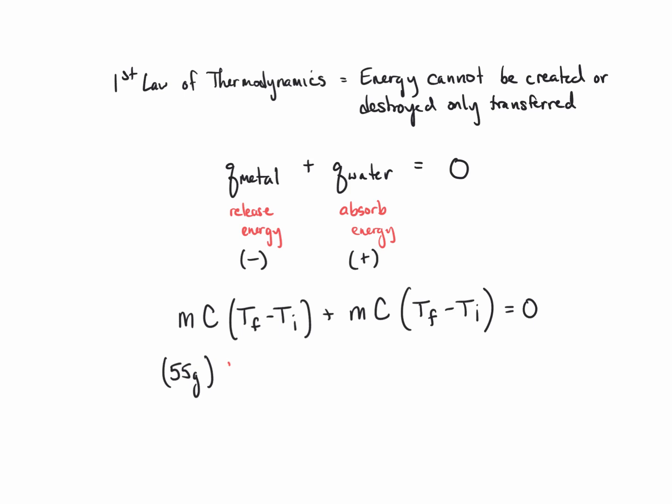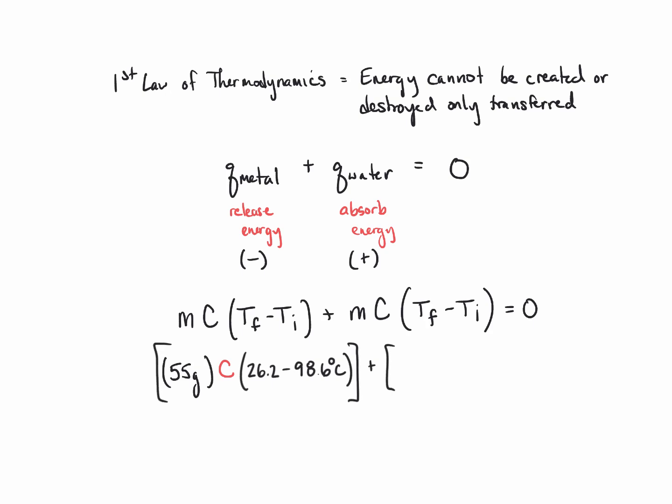The C is what we're looking for. Now we can plug in our temperature final, which is 26.2. The temperature initial was 98.6 degrees Celsius, because it was in the water bath. So this is one big math problem.